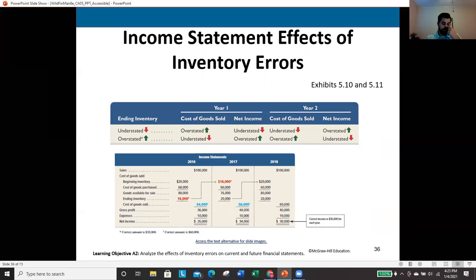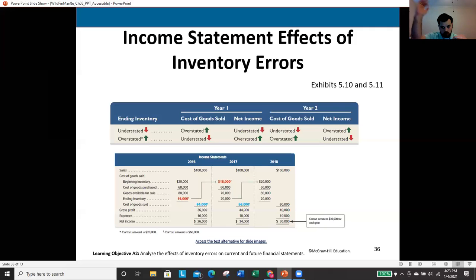So here's the deal. What happens in two scenarios, okay? If inventory is properly stated, then none of this matters. And if inventory is properly stated, there is not an inventory error, so everything is just correct. But in the case that inventory is misstated, it can either be understated or overstated. So those are our two options. In the case that ending inventory is understated, right? If ending inventory is too low, then cost of goods sold is too high.